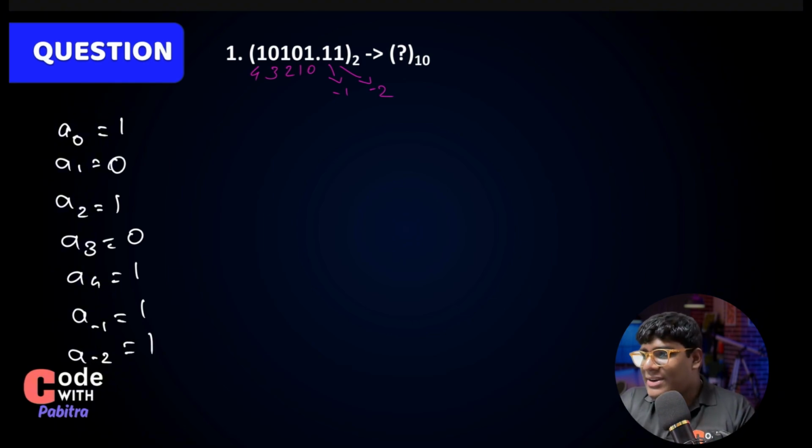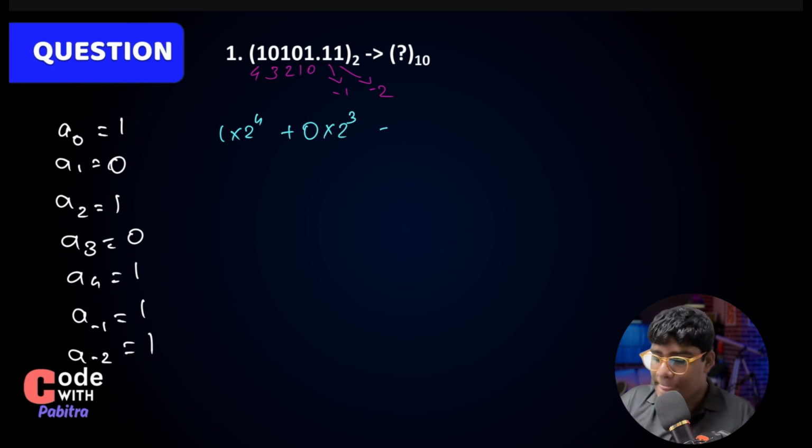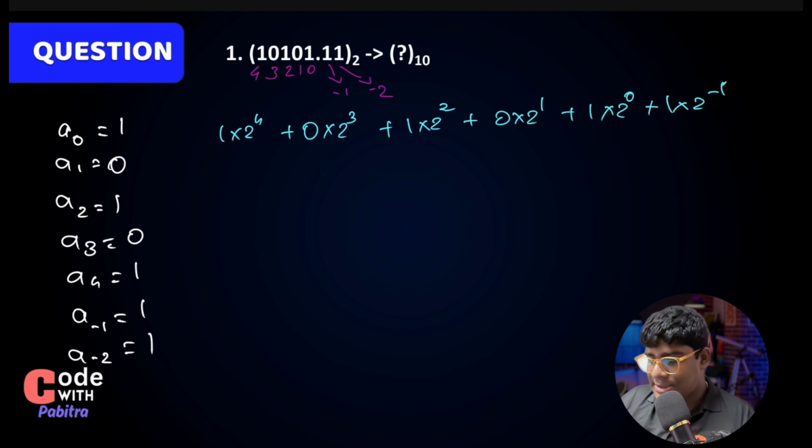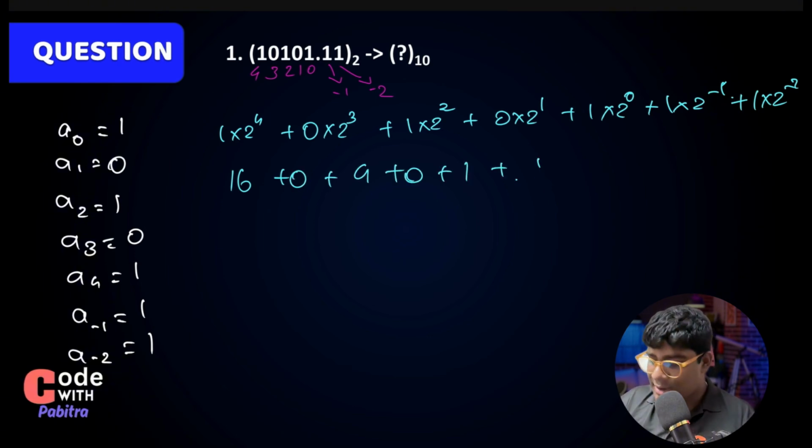So how to calculate it? 1 into 2 to the power 4 plus 0 into 2 to the power 3 plus 1 into 2 to the power 2 plus 0 into 2 to the power 1 plus 1 into 2 to the power 0 plus 1 into 2 to the power minus 1 plus 1 into 2 to the power minus 2. So this becomes 16, this will become 0, 4, this will become 0, plus 1 plus half plus 1 by 4.